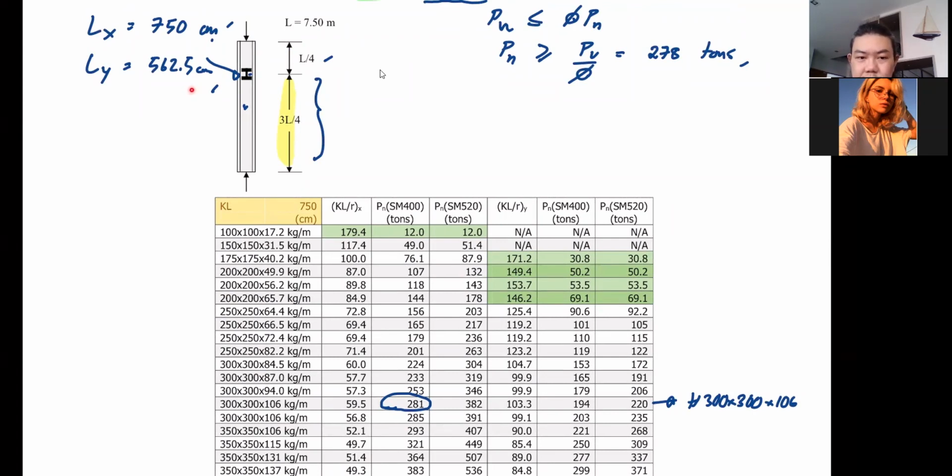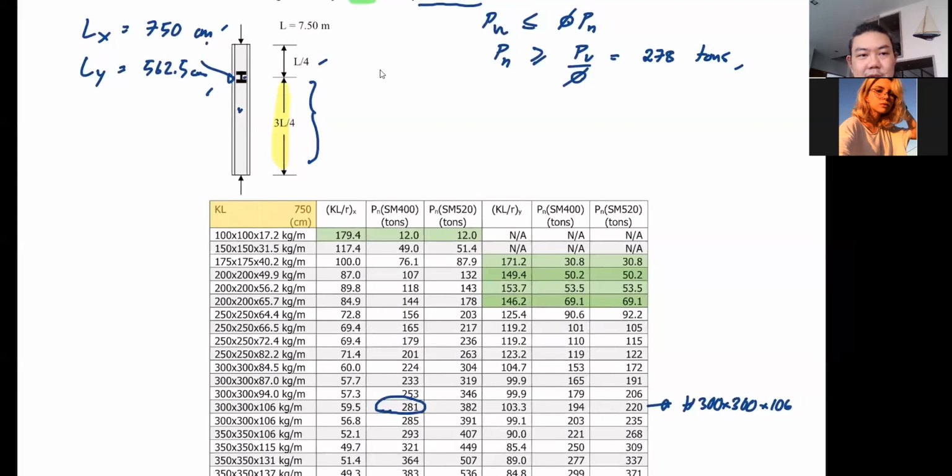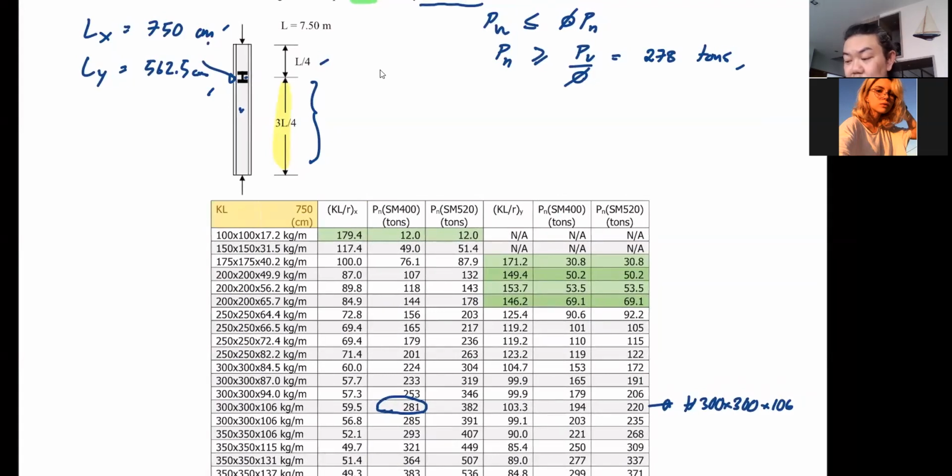So what do we do? If this is your unbraced length and you don't have the exact number, I probably have every 50 centimeters. So I have 550 and then I have 600. To use 550 would be a little bit adventurous, right? But if I use 600, it means I am being conservative because I use an unbraced length longer than what I actually have.